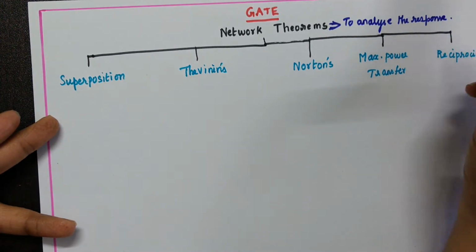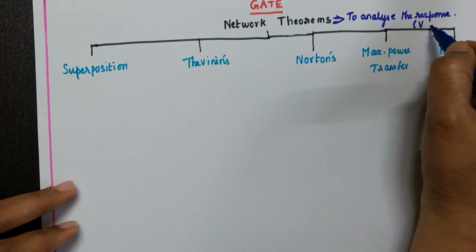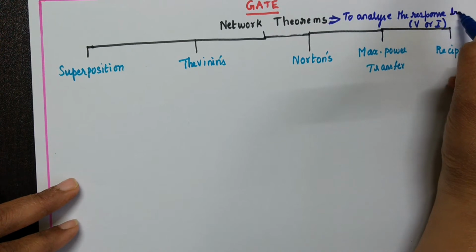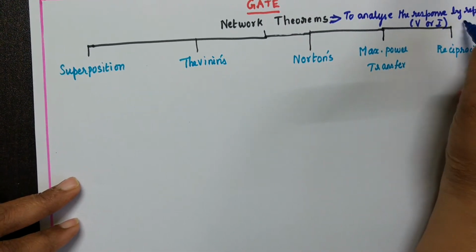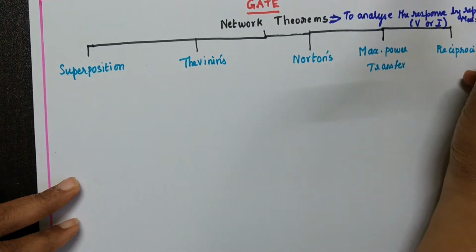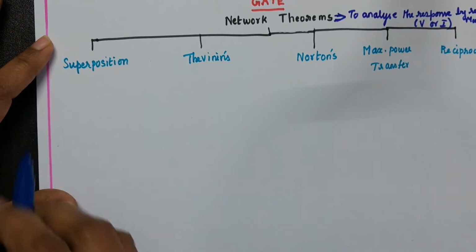The response may be voltage or current. We can find the response by replacing multiple sources with a single source. For the replacement, these are the theorems.